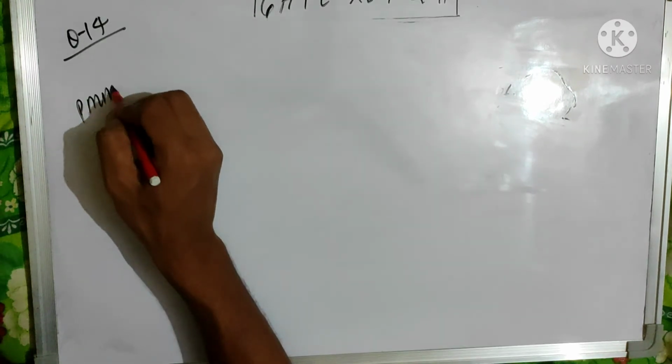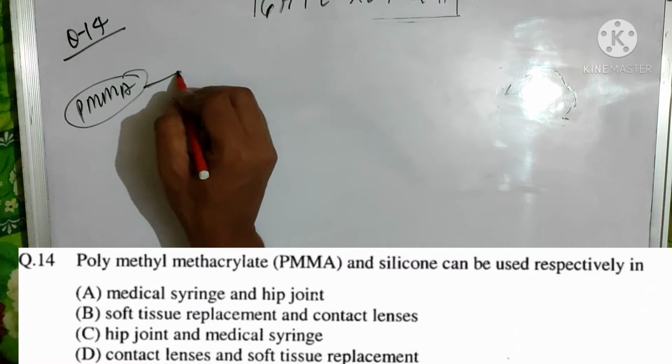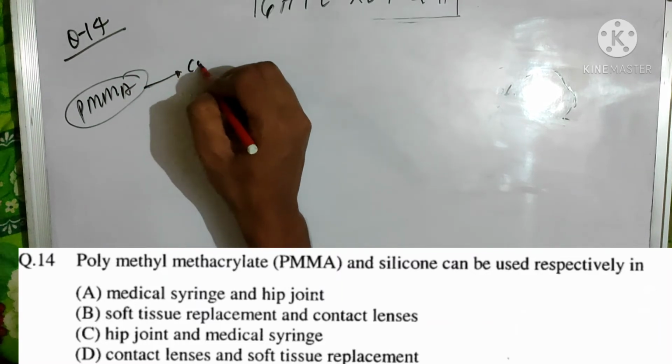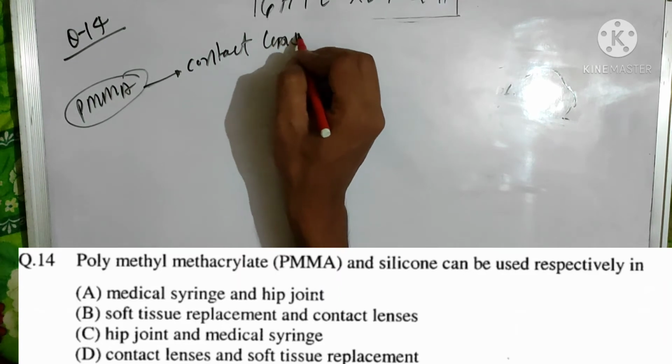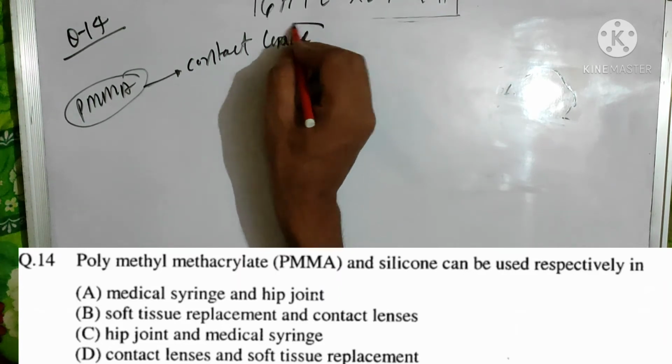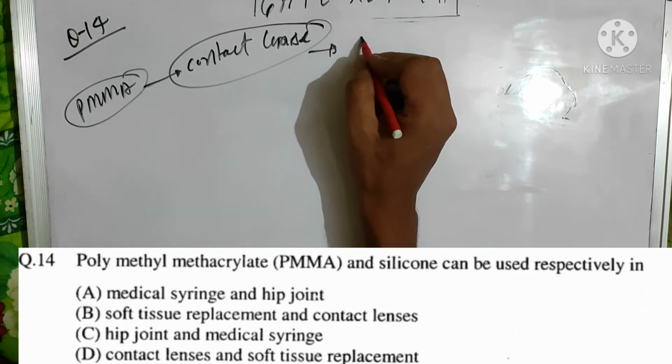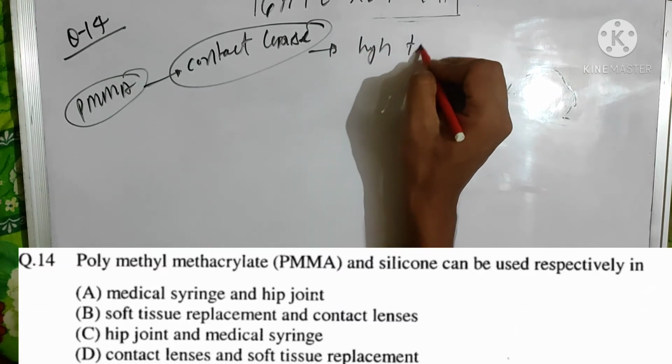The polymethyl methacrylate is used in the making of contact lenses due to its high transparency.